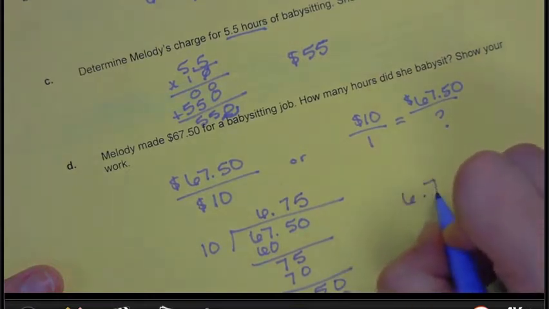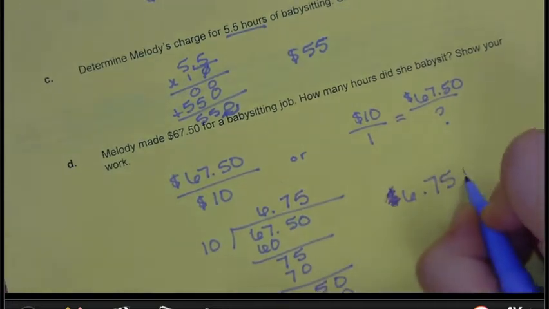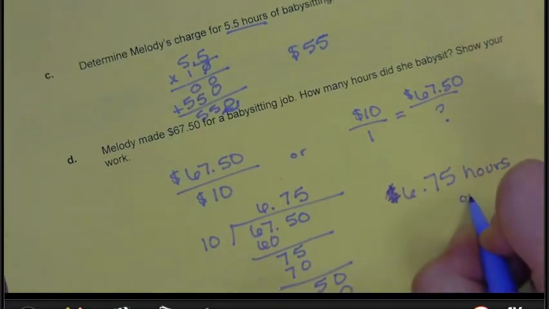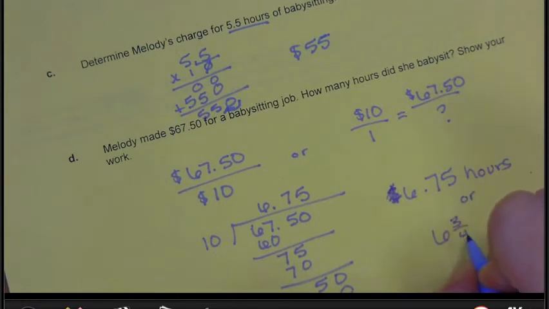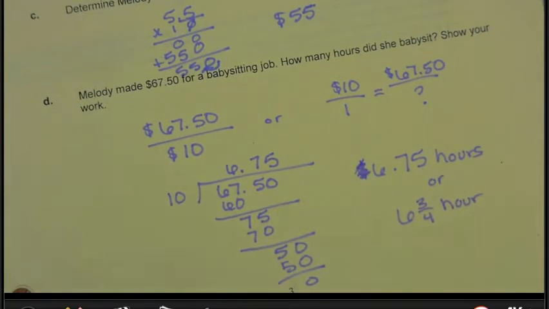So Melody would work 6.75 hours, or you can say 6 3/4 of an hour. It's the same thing.